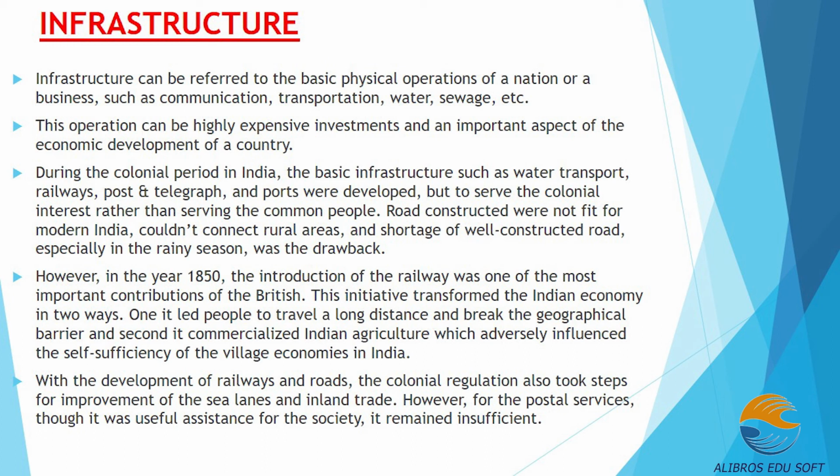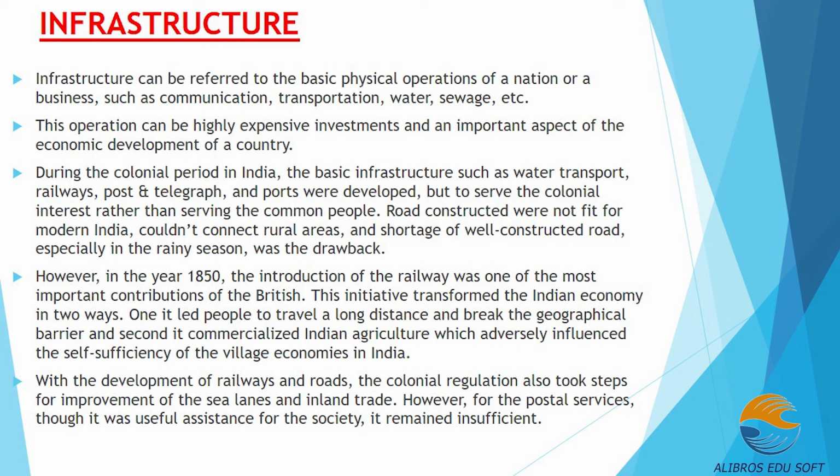The second one is that it commercialized Indian agriculture, which adversely influenced the self-sufficiency of the village economies in India. Which means, when we studied agricultural stagnation, we mentioned a reason called commercialization of agriculture, which means the produce from the agricultural land needs to be commercialized.